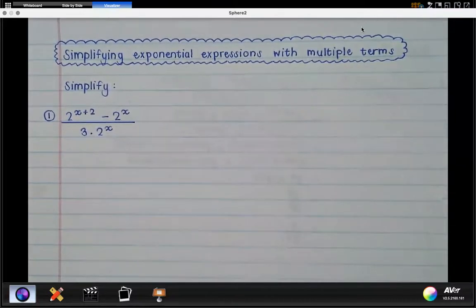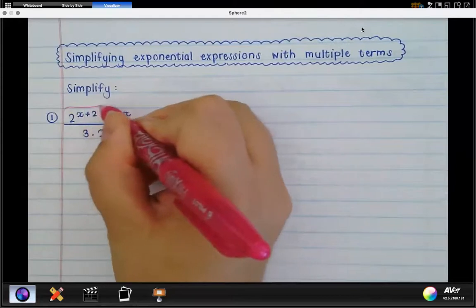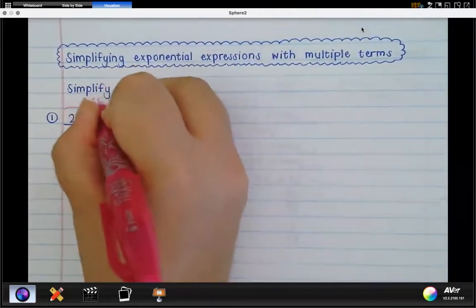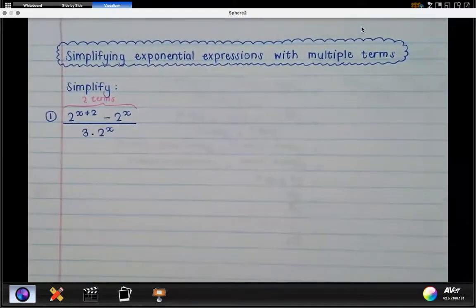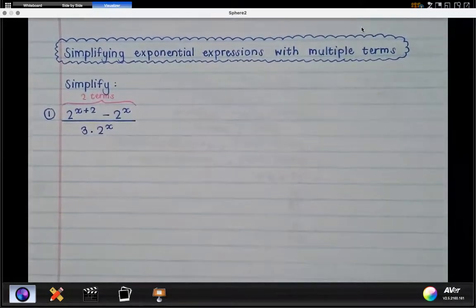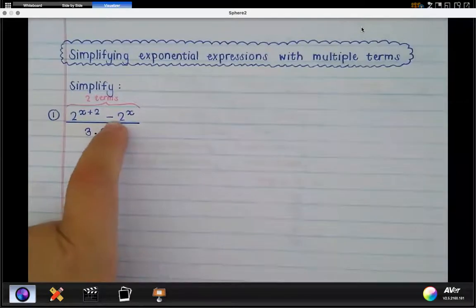Okay. For this one, we can see that at the top here, we have two terms. But guys, this is making our lives a little bit difficult, because if you go back to where we copied down the exponent laws, you should notice there is no exponent law for when you are minusing or adding.